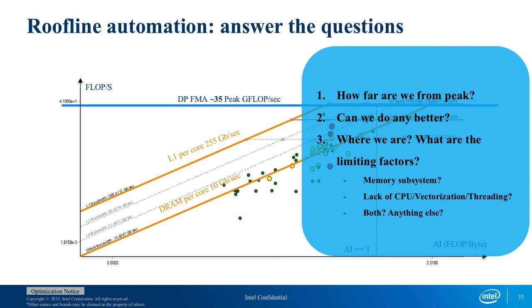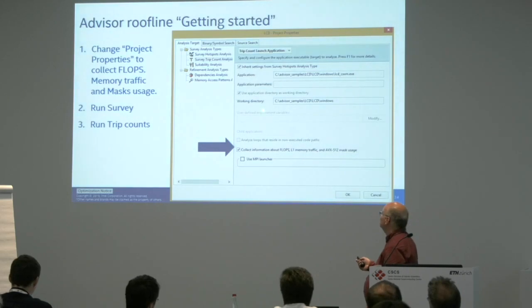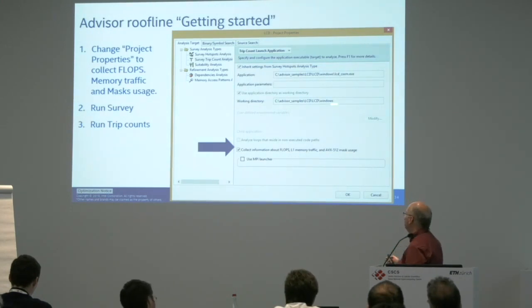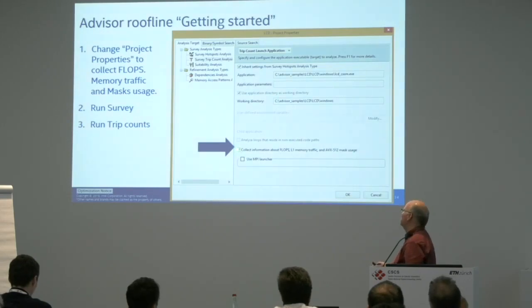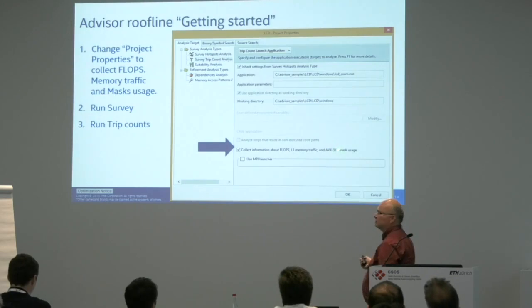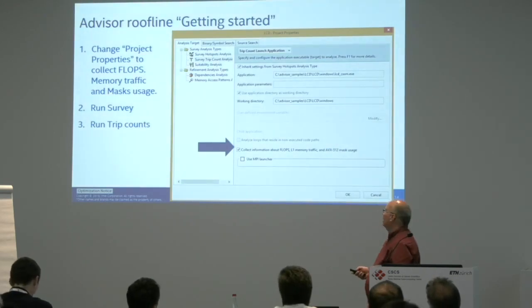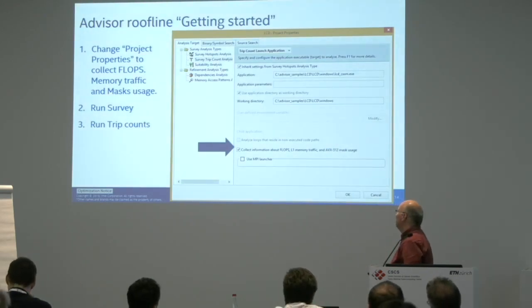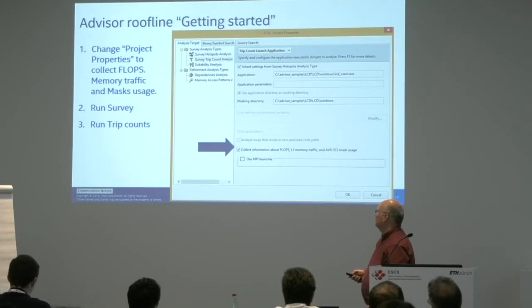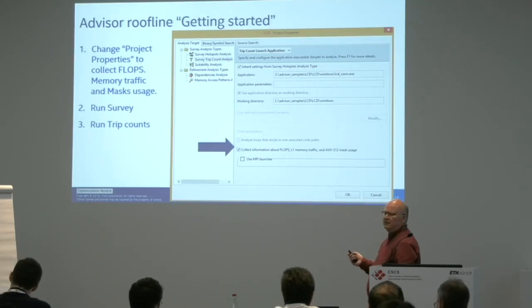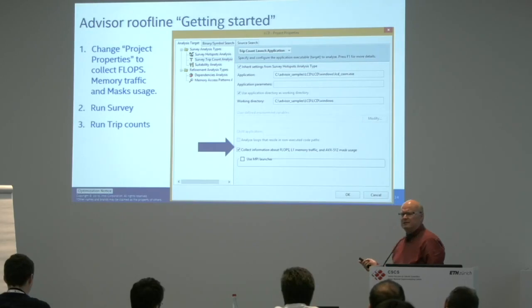That's the workload setup if you're working with the GUI. So it looks like VTune. You have to define the executable and the working directory, but don't forget, if you want to see the flops, to mark this box here to get the collection of flops. And there is a flag for the command line that does the same.